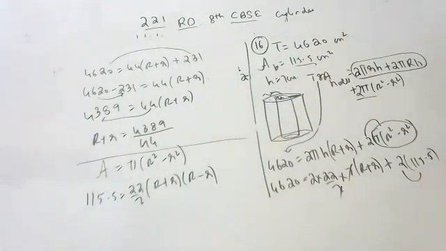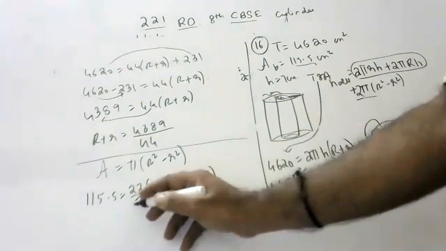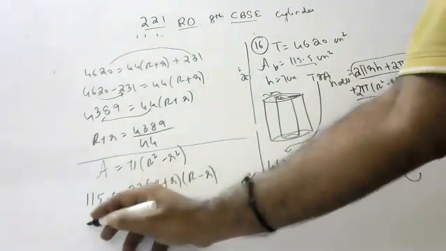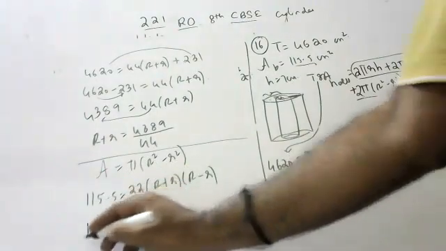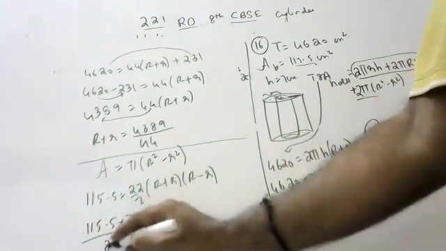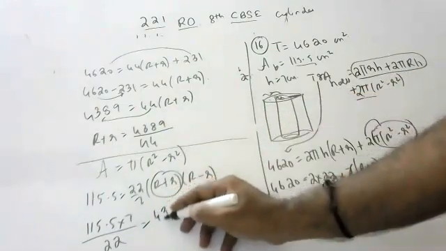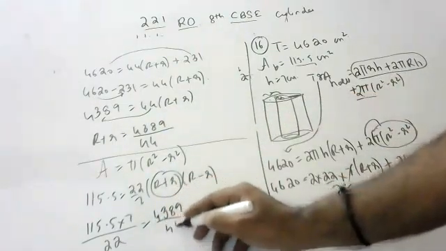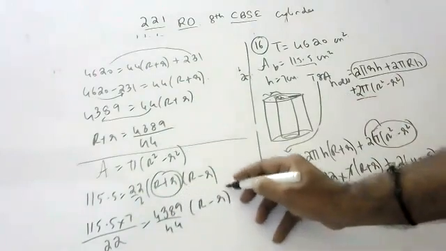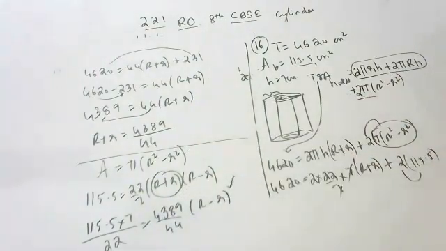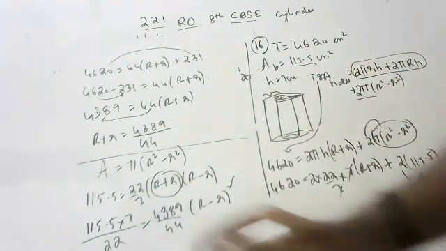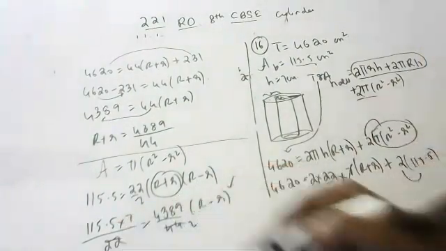So 115.5 into 7 by 22, and bigger R plus r we got as 4389 by 44, into R minus r. R minus r is the thickness. Let's solve it, children. 22 2s are 44.